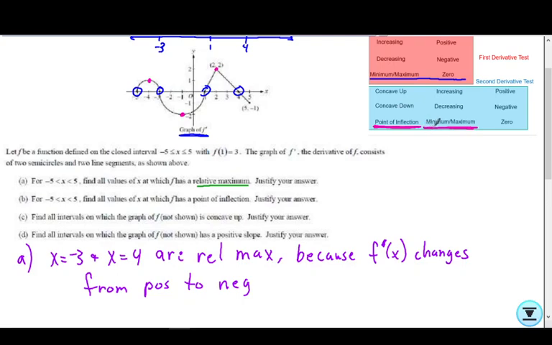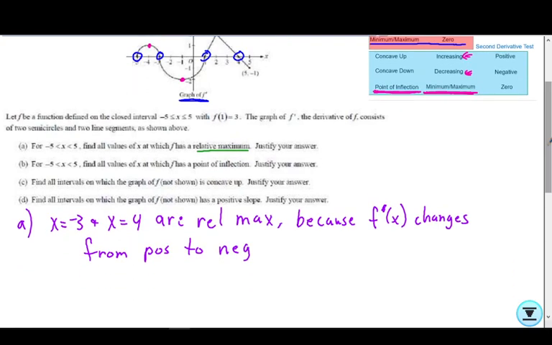It happens when I have a maximum or a minimum in my first derivative, or a 0 in my second derivative, but we don't know anything about our second derivative, so we have to use our first derivative information.